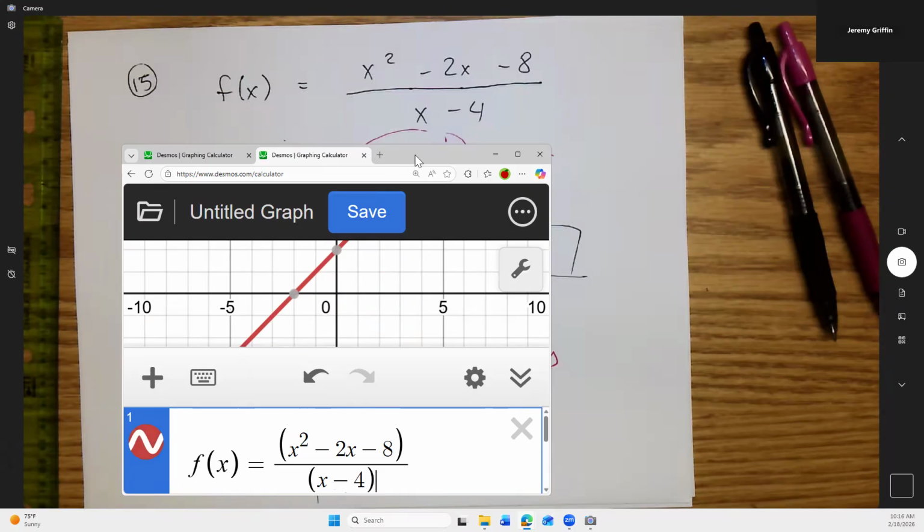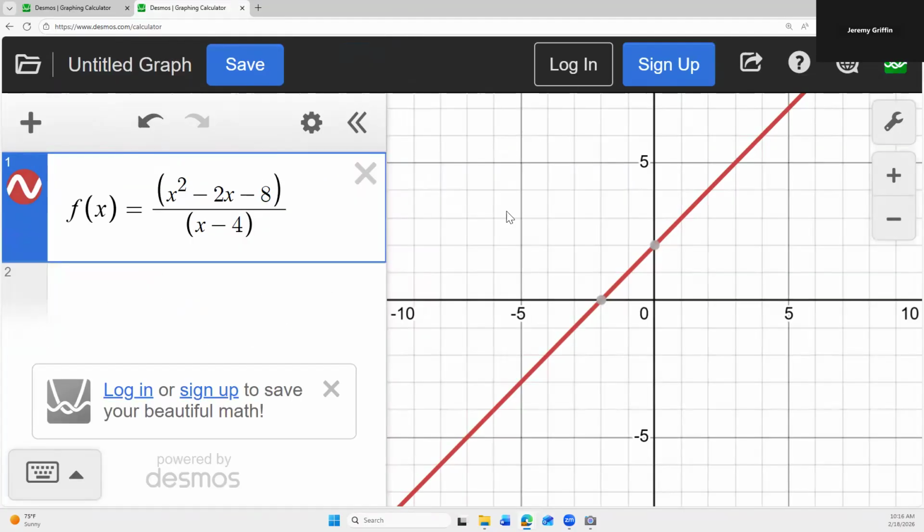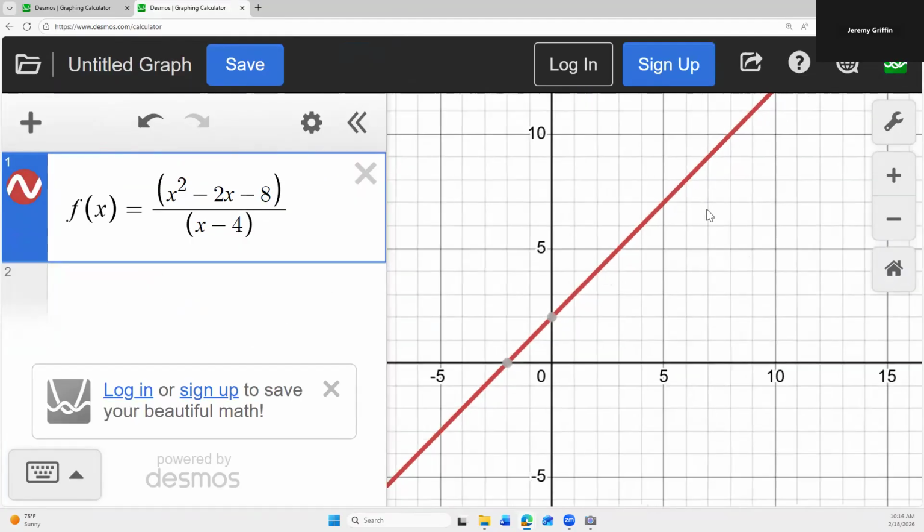It should be a straight line with a discontinuity at 4, 6. Let's see if that's true. Yep, there's a straight line. Now, if I click here and it starts scrolling, you guys can watch the coordinate. Let's get it to x is 4. It should be a discontinuity at 4, 6. It is. Aha. You guys see it also opened up a hole right there. So 4 undefined.